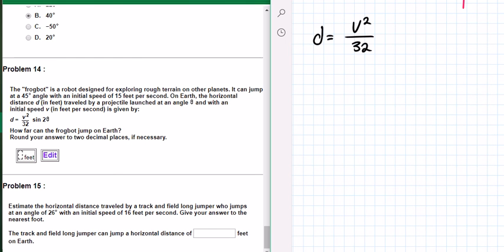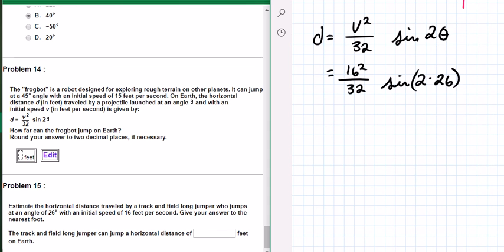setting it up, sine of 2 theta. Alright, 26 goes in for theta, and 16 goes in for velocity. So 16 squared over 32 times the sine of 2 times 26, sine of 52.